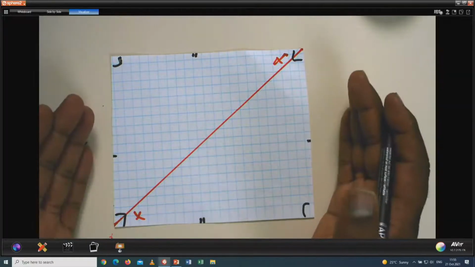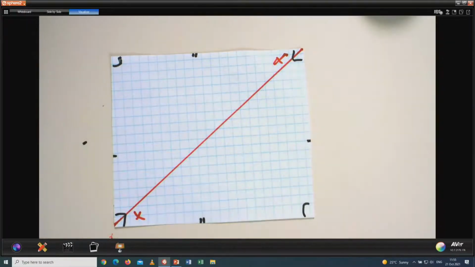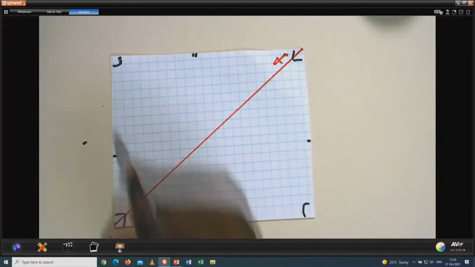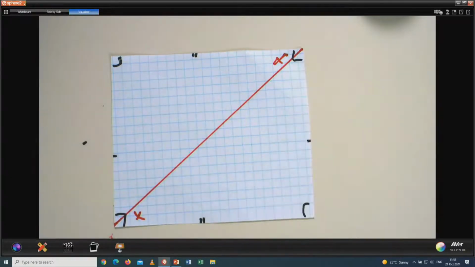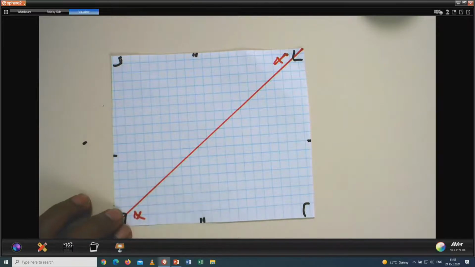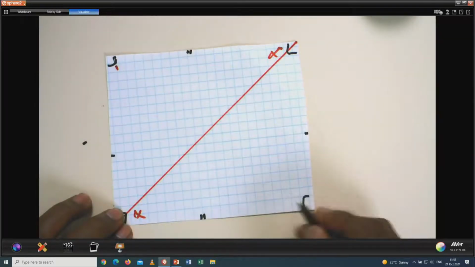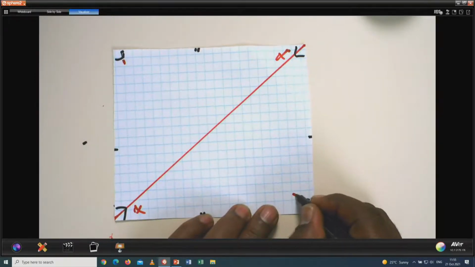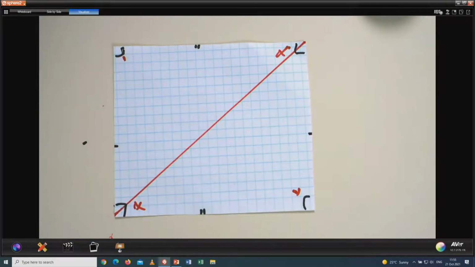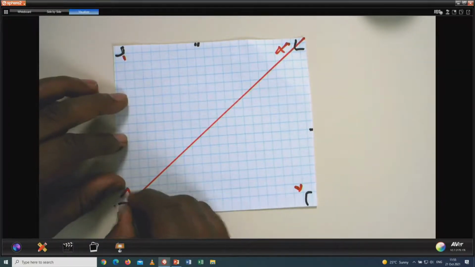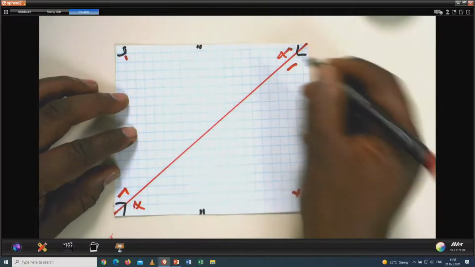These sides are parallel as well. And remember, the co-interior angles give you 180 degrees. Right? And this angle equals this one. Therefore, that alternate angle will be equal to that one.